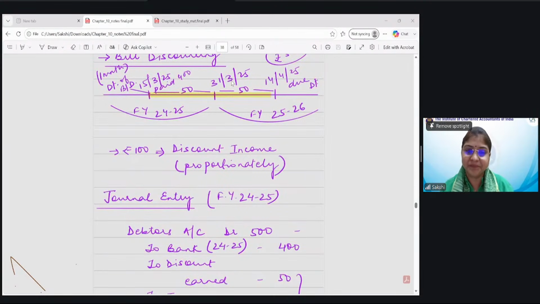You tell me. Daksh, how do you book your income? Accrual basis or realization basis? So will it not become the liability of the bank if it receives a discount income this year for the next year?